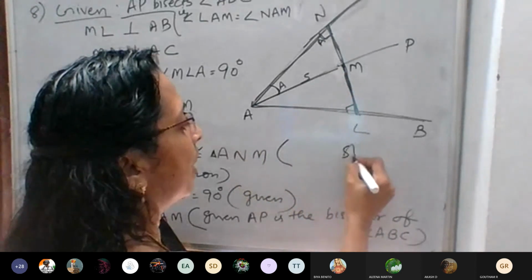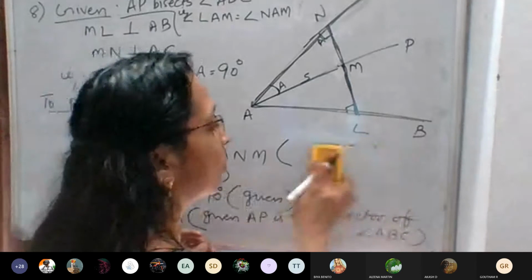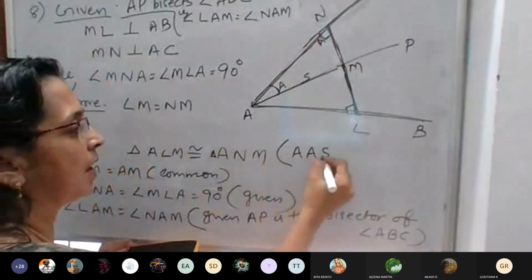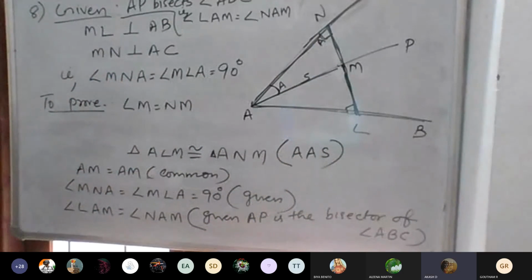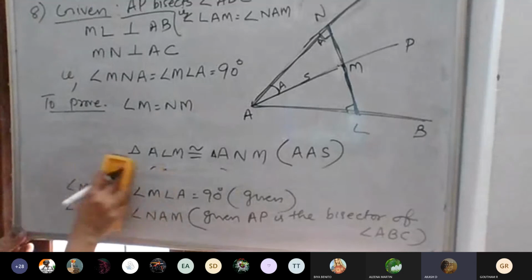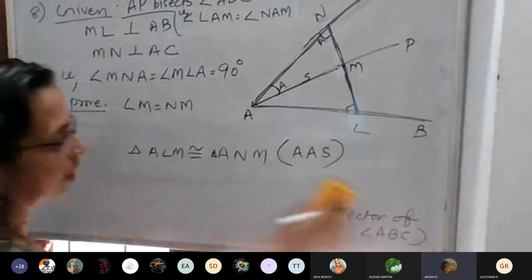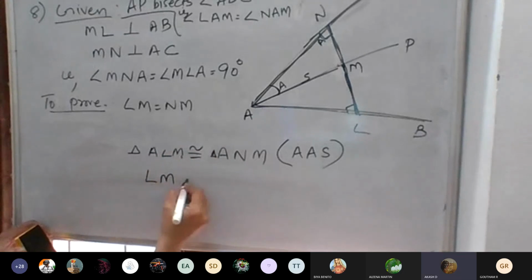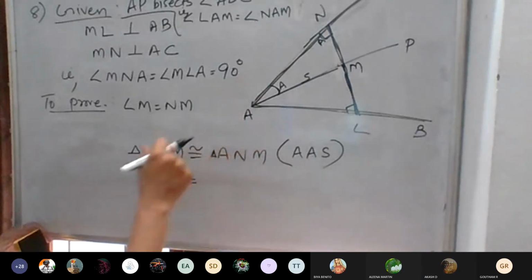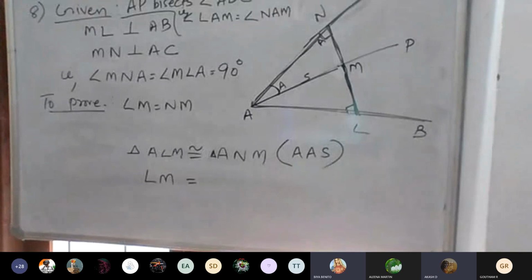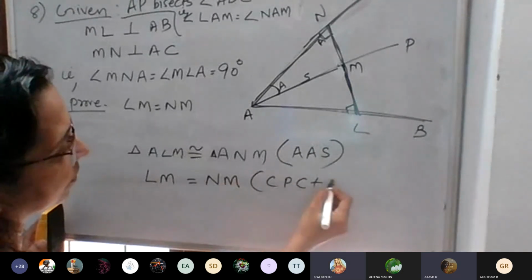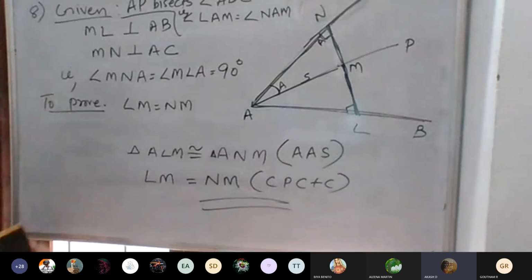We can't write ASA, it is not the included side. Therefore, triangle ALM is congruent to triangle ANM. Therefore, what do we have to find out? LM is equal to NM. That is CPCTC: corresponding parts of congruent triangles are congruent.